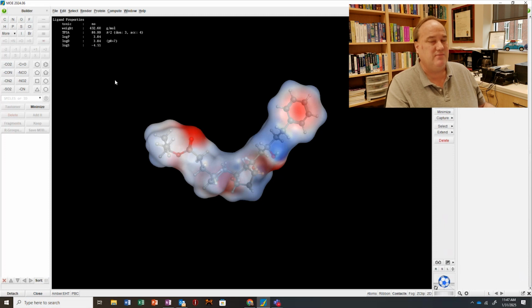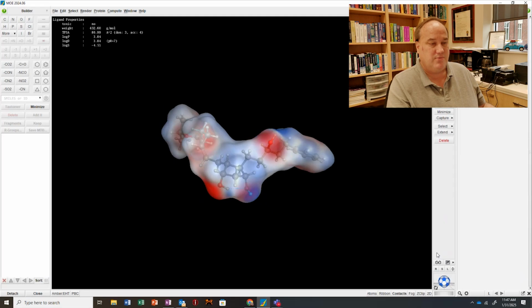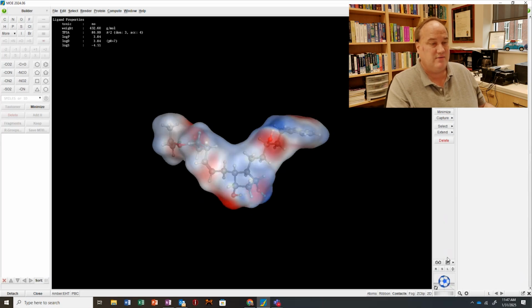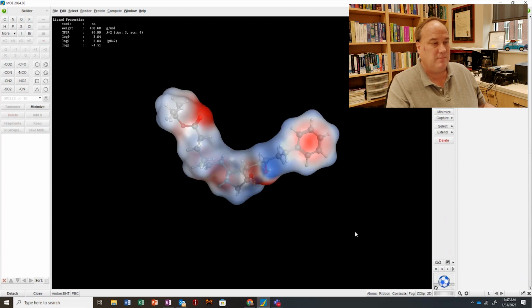The other aspects of Lipinski's Rules of 5 is we want 5 or fewer hydrogen bond donors. We have 3 here, and those hydrogen bond donors are the OH groups with the hydrogen bonds on there. We have 3 of those. And then hydrogen bond acceptors, you want 10 or fewer hydrogen bond acceptors. We have 4. And let's just see. The hydrogen bond acceptors are basically the oxygens here, the other end of the oxygen.